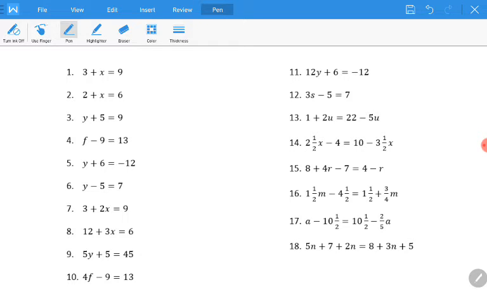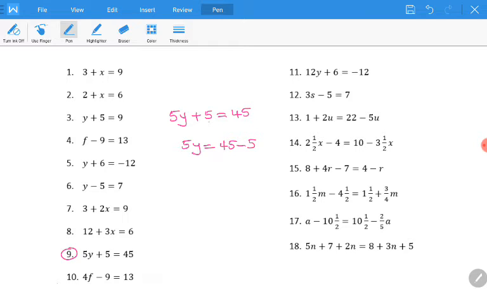Let's look at question number 9, which is saying 5y plus 5 is equal to 45. So here 5y is equal to 45 minus 5.